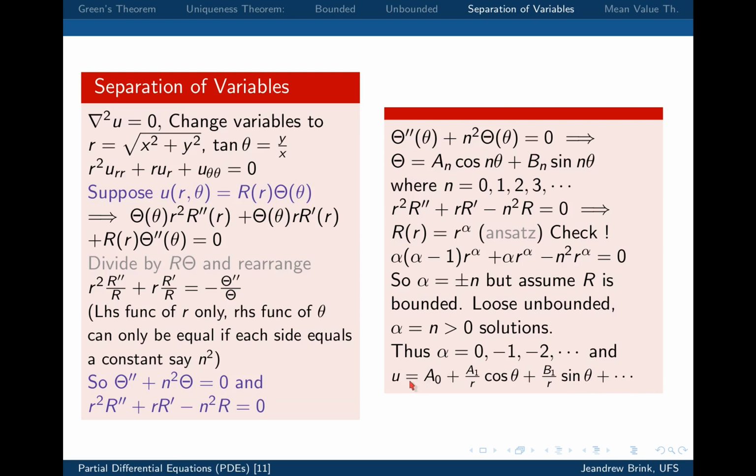This type of thing, where you can write down the solution on the outside of a domain as a series in R, appears often. If you look at the Earth, they call it a multipole expansion in physics. You have this dominant term, which is just like the 1 over R potential, then you have higher and higher terms in R. As a very good approximation the Earth is just a sphere. When you have rotation, then the 1 over R squared term comes in.